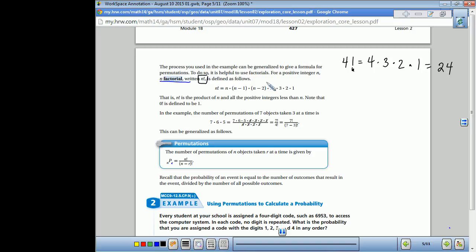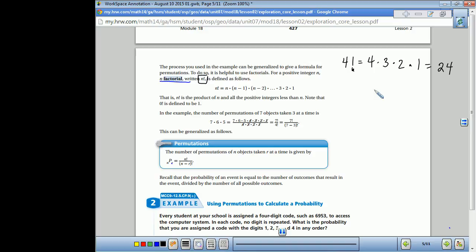So n factorial is n times the number before that, n minus 1, times the number before that, n minus 2, times dot, dot, dot, all the way down to 3 times 2 times 1. That's what factorial means. That number times every positive integer that is less than that number.